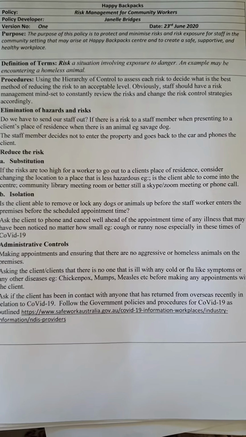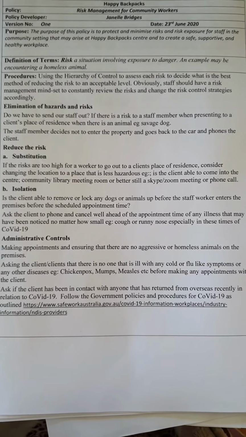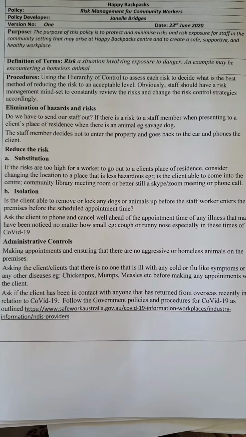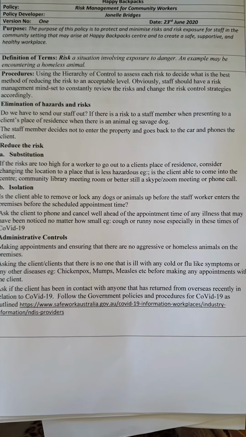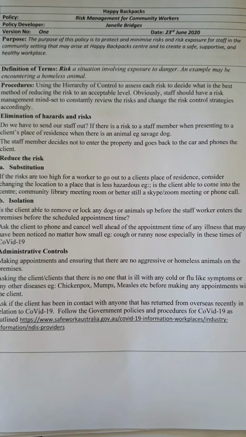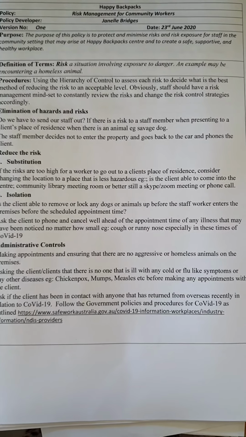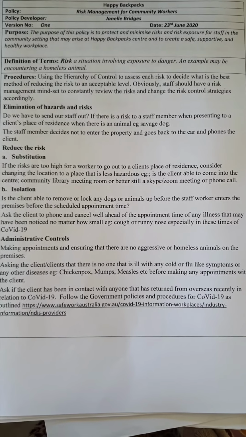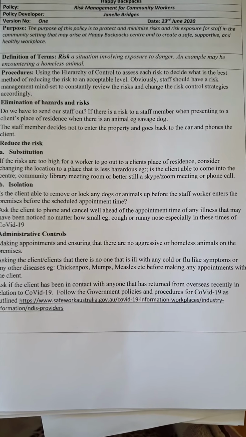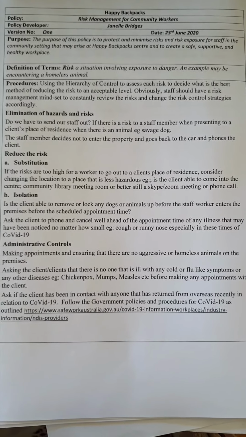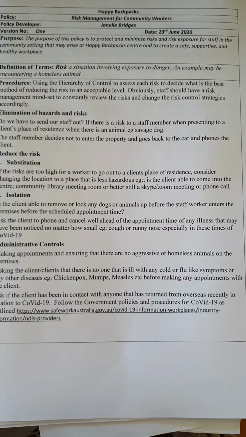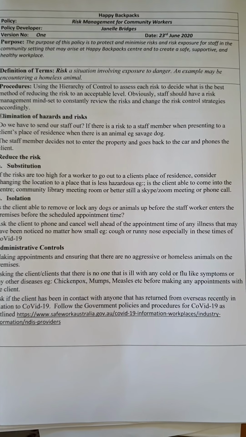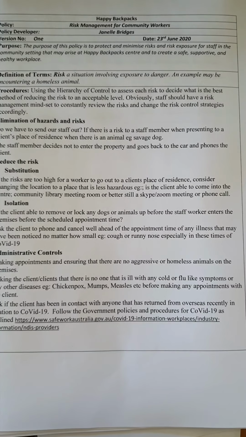So substitution. If the risks are too high for a worker to go out to a client's place of residence, consider changing the location to a place that's less hazardous. For example, is the client able to come into the centre when they're in town? Maybe we could meet at the community library in a meeting room out there.